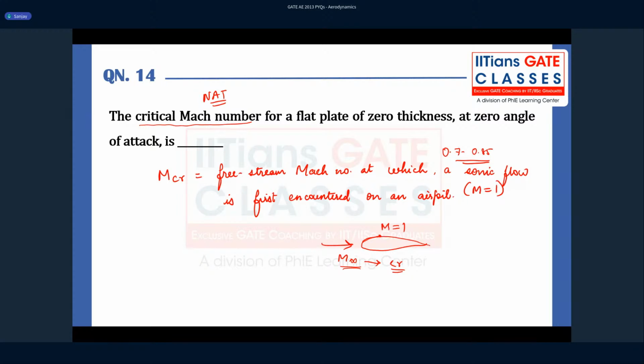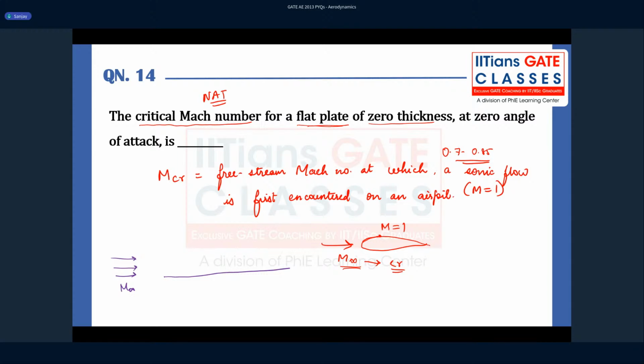Now what is given in the question, please observe carefully. They have told that you have a flat plate of zero thickness at zero angle of attack. So essentially I am just having a flat plate of zero thickness at zero angle of attack, and I simply have some flow of Mach number M infinity.